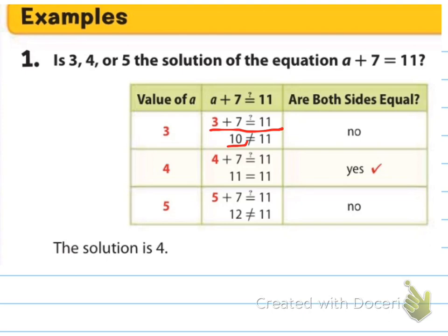So that's not going to work. If they gave you 4, you'd say, okay, 4 plus 7, that's 11, and 11 equals 11. So yes, that's a good one. That's a check. You can go ahead and try the 5 as well. 5 plus 7 will make 12, and 12 does not equal 11, so the 5 wouldn't work either. So you would say, oh, I select 4. 4 is the solution.